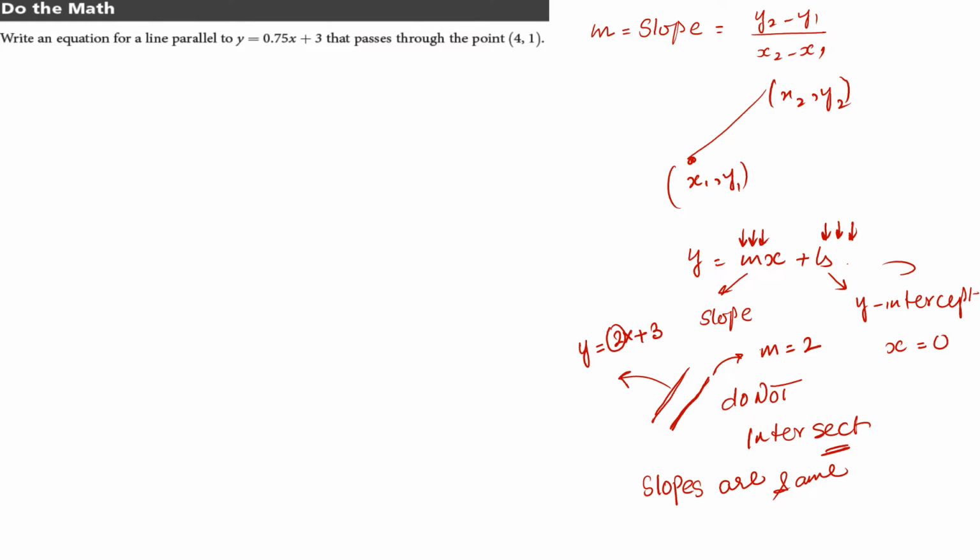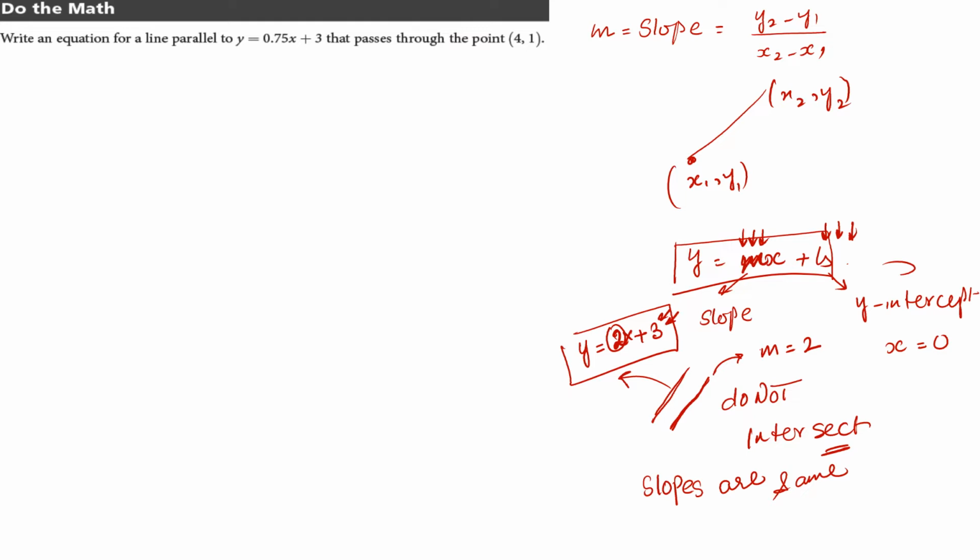Because if I compare this line with my actual equation of a line, in place of m, the 2 is written. That's why I can say the other line will also have the same slope. It might have, and it definitely will have, a different y-intercept but the same slope.